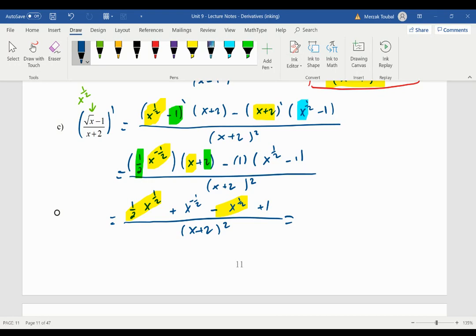So 1 half minus 1 is negative 1 half. So, and then we have the x to the negative 1 half that is still there. Plus 1 over x plus 2 squared.